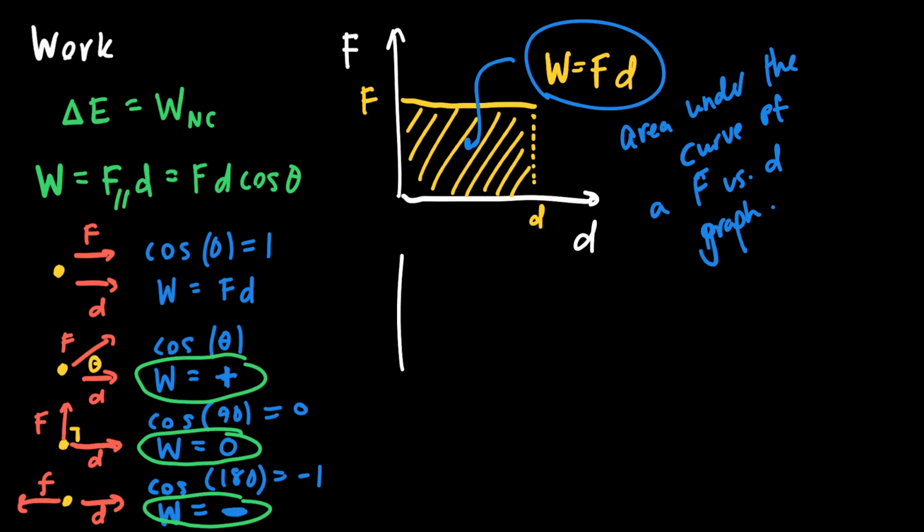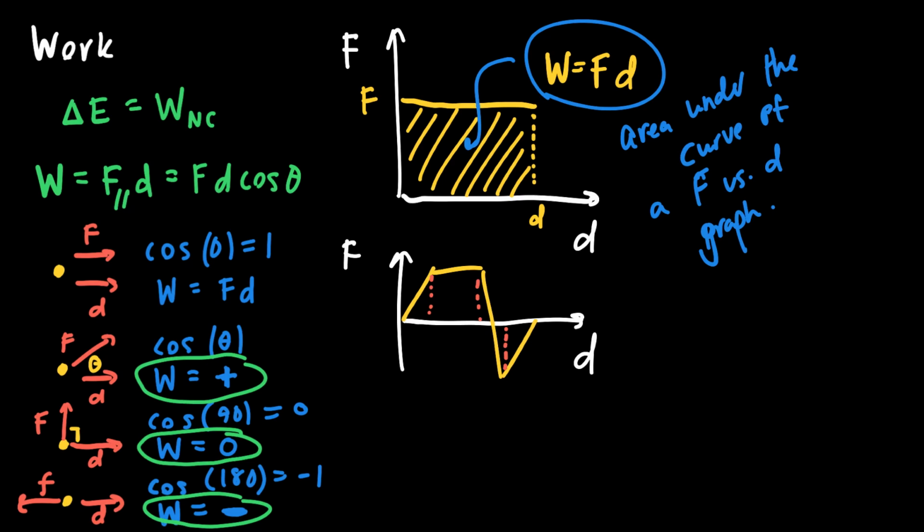If I have a graph that maybe looks a little bit more complicated, maybe one where the force is not constant, something like this, maybe one where the force becomes negative at some point, you could take that graph and break it down into pieces that you can easily find the area of. And using those pieces, you could add up the areas of all of those different shapes and figure out what the net work done on the object is.